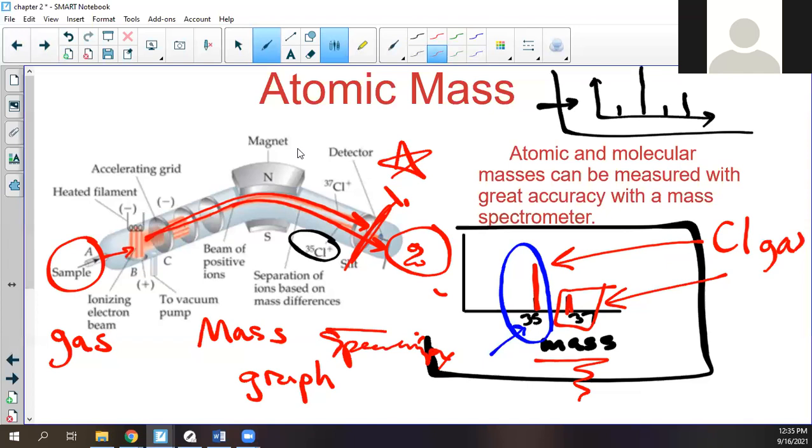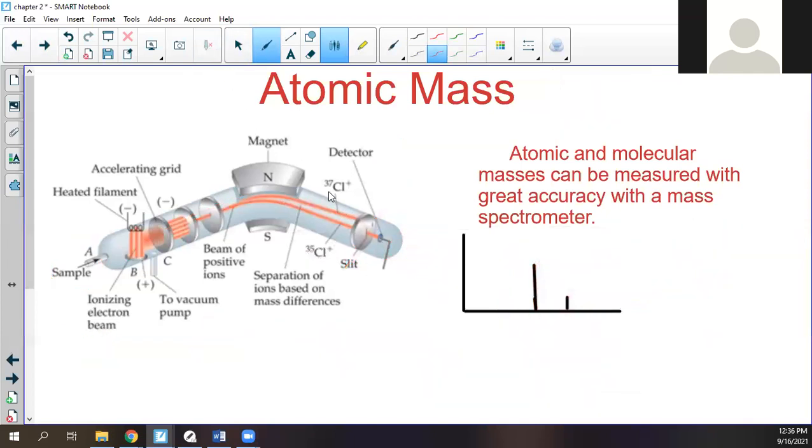And I know that will bug you based on what I just said, but we're going to say this substance has two isotopes. The two isotopes are 37 and 35. They have this set up so they know where things with masses will hit. So they can determine 37 and 35.